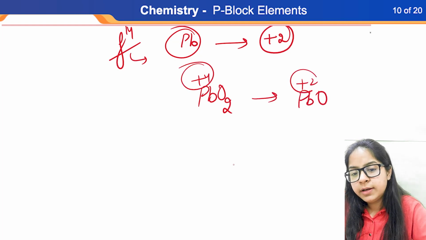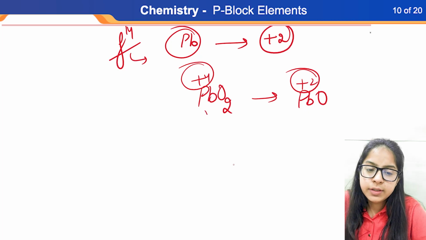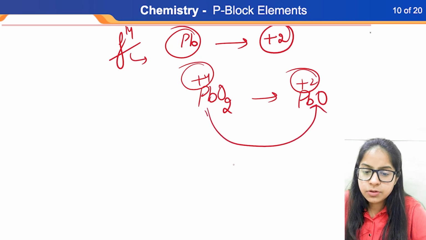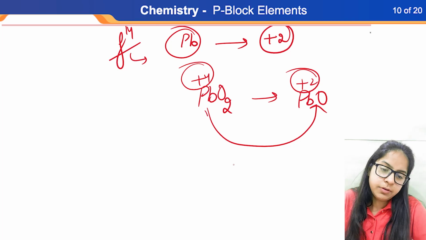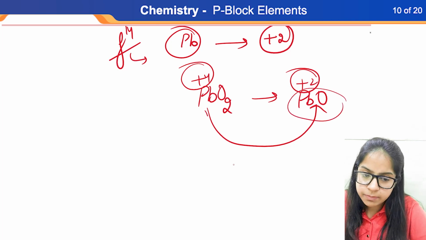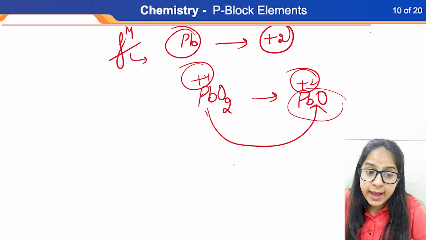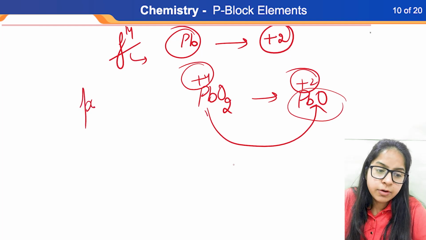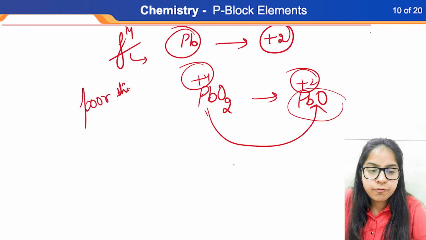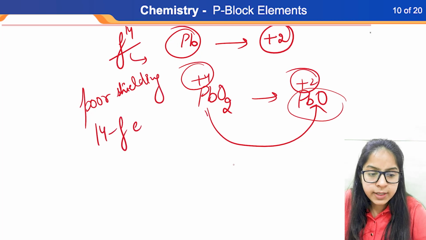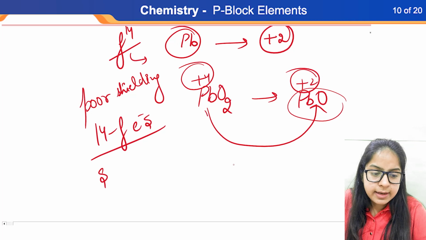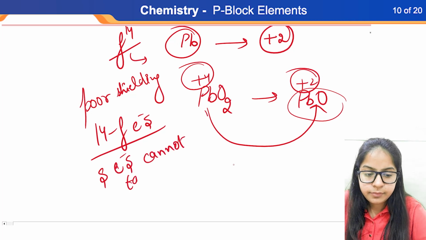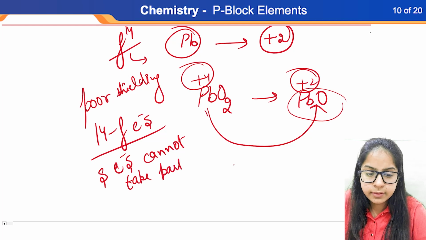It will convert into +2. Try to convert the lead oxidation state into +2 and you will get the answer to your question, because they are going to ask you MCQ type questions. Why the 14 f electrons? Because of the poor shielding effect of 14 f electrons, the s electrons cannot take part in the bonding.